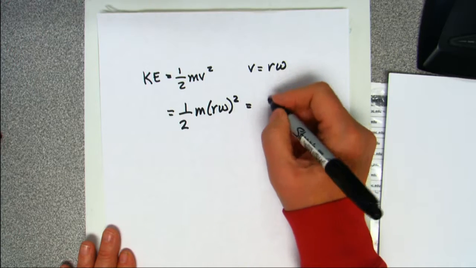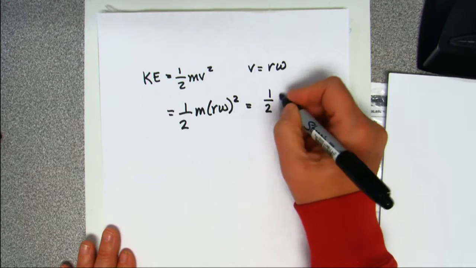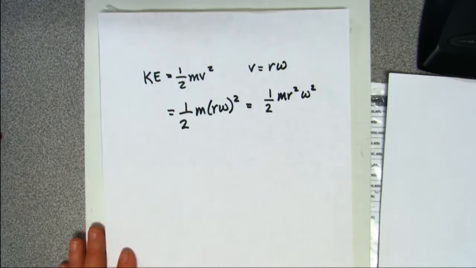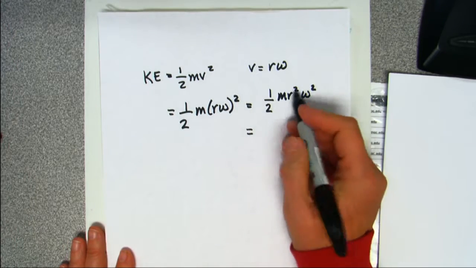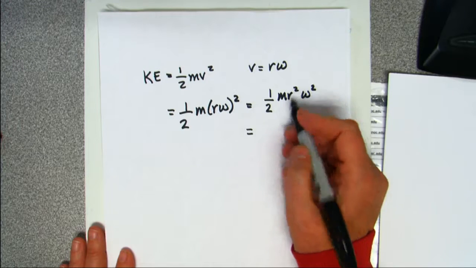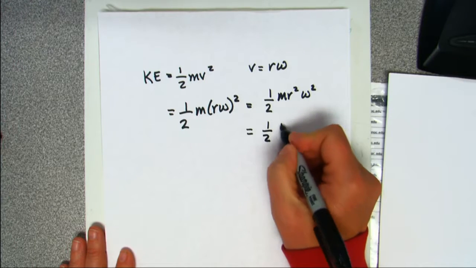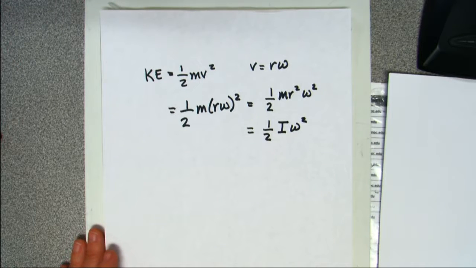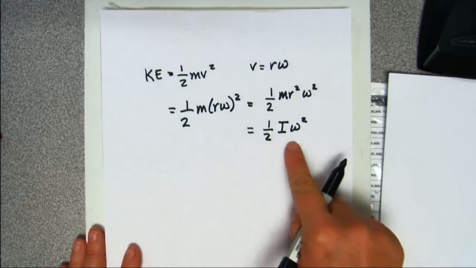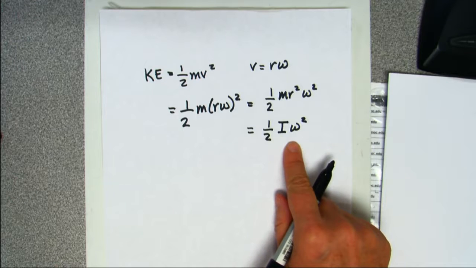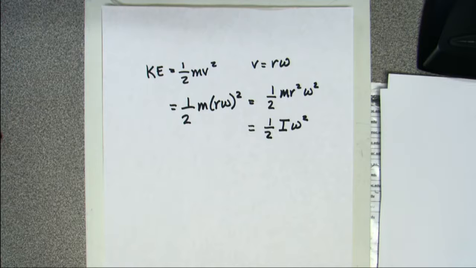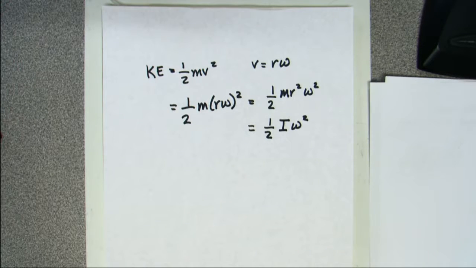This is going to give me 1/2 m R squared omega squared. That looks familiar, right? This becomes 1/2 I omega squared. So for a rotating object, my kinetic energy is going to look like that.